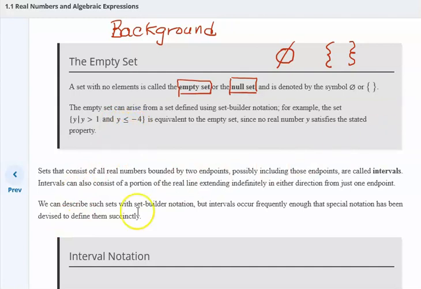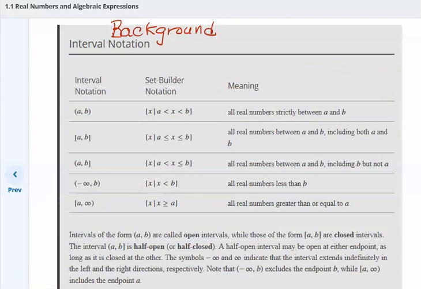We're moving on to interval notation. For background, I would suggest you pause and copy as much of this as you can and write these keywords: interval notation, set builder notation.